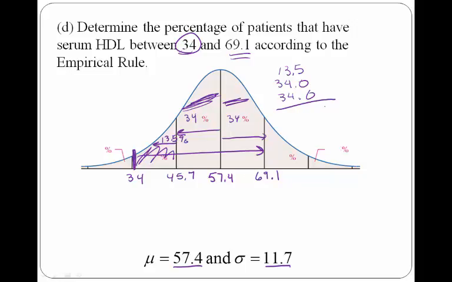So when we add those up, we get 81.5%. So the answer to the question is that 81.5% of the patients had an HDL between 34 and 69.1. And we can tell that just by knowing that this data is normally distributed, that it follows that bell-shaped distribution, and knowing the mean and the standard deviation.